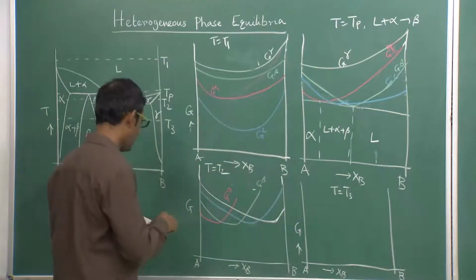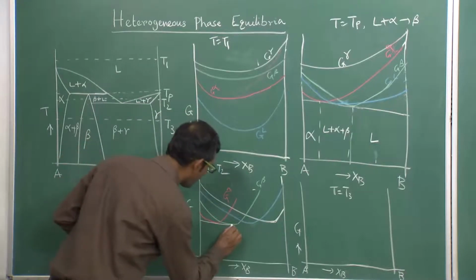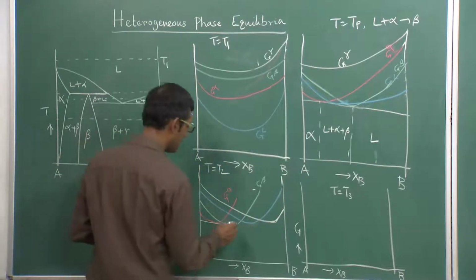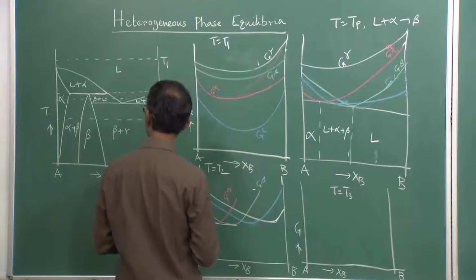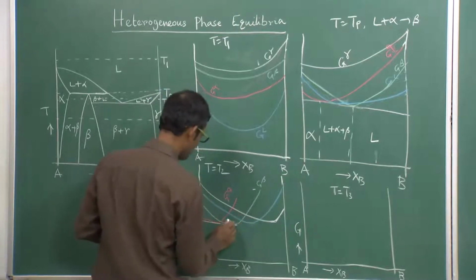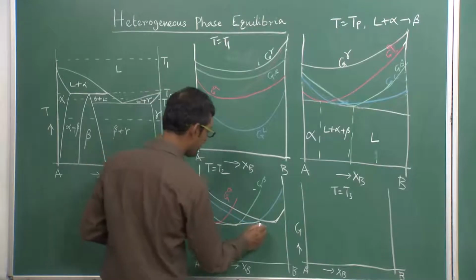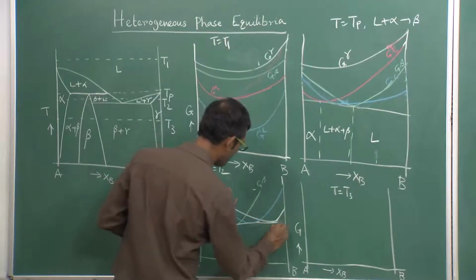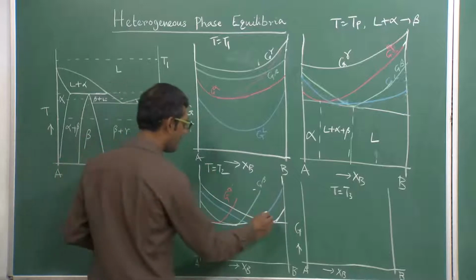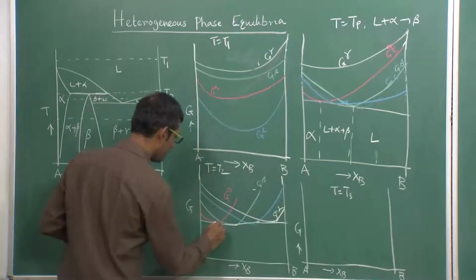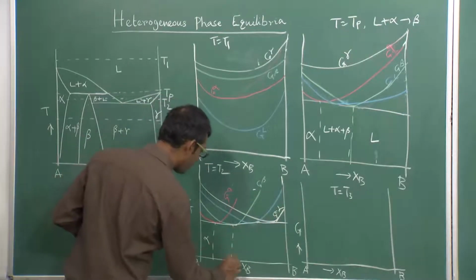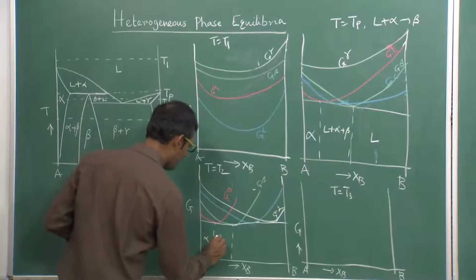So what I will do, I will draw a common tangent between beta and alpha, then a common tangent between beta and liquid. The common tangent between beta and liquid will be somewhere like this, and then a common tangent between gamma and liquid. This is gamma. So you have alpha, and the common tangent between alpha and beta will give alpha plus beta.